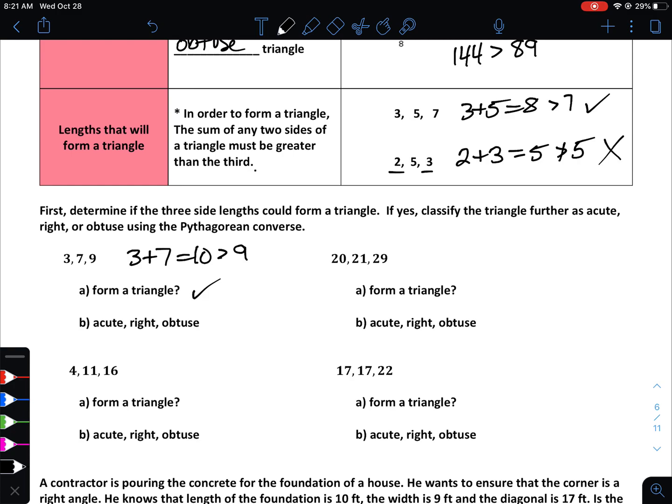Now to decide if it's acute, right, or obtuse, if we take 3 squared plus 7 squared, that's going to be 9 plus 49, which adds up to 58. 9 squared is 81, so 58 is less than 9 squared. And so if that's the case, our c squared is more than a squared plus b squared, so this would be an obtuse triangle.